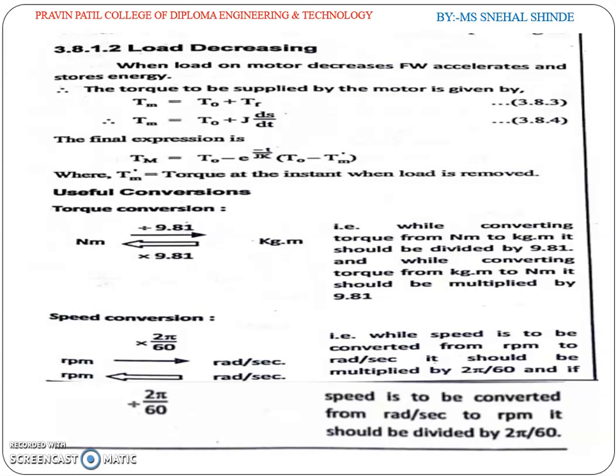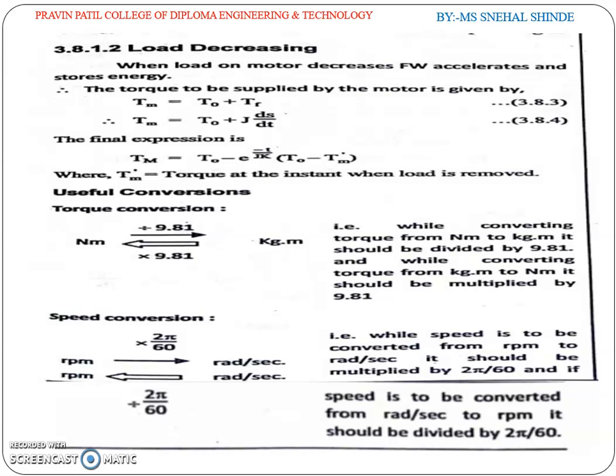The final expression is Tm equal to T0 minus e raised to minus t into JK by JK, T0 minus Tm, where Tm dash equals the torque at the instant when load is removed.